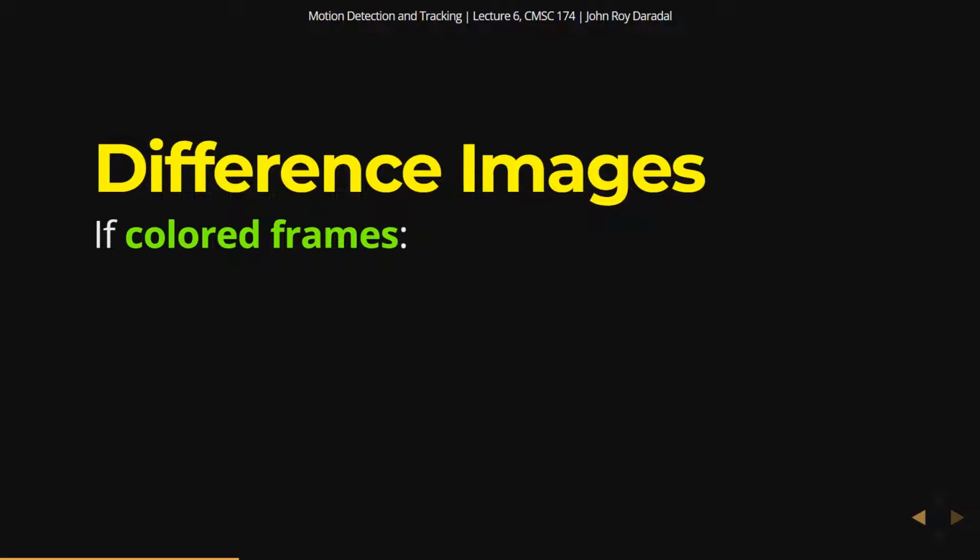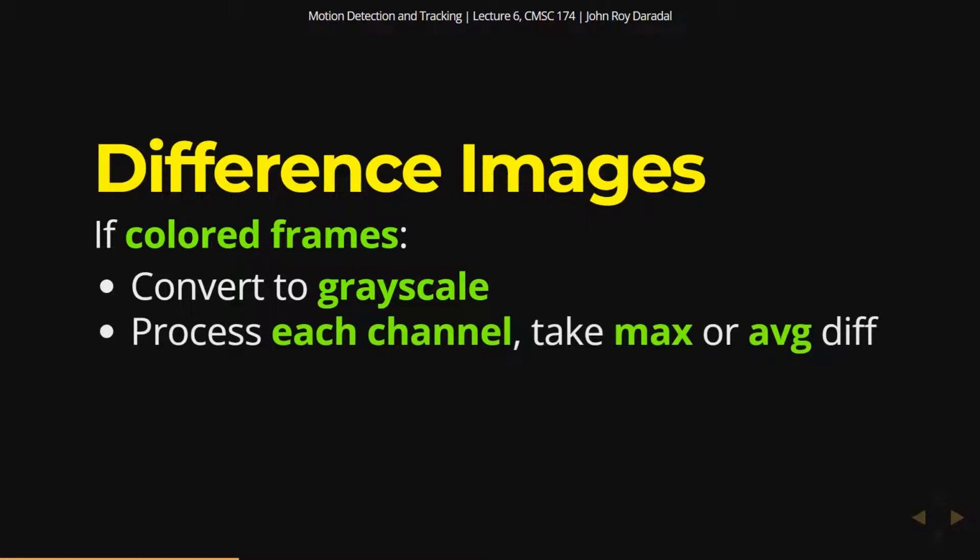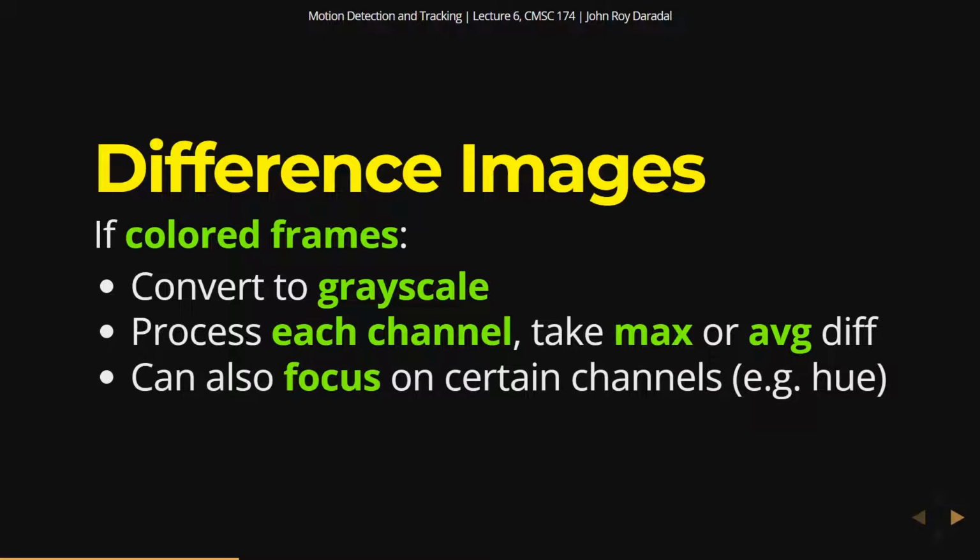Now, before we can get the difference of the images, we have to consider that usually these frames or images are colored, right? So they have 3 channels. If the frames are colored, what we usually do is either convert the frames to grayscale. So the frame itself and the background frame will be converted to grayscale before we take their difference. Or we could process each channel: we take the difference in each channel and take the maximum or average difference. We can also do that. Or you can also just focus on certain channels, like let's say you just look at the hue channel in the HSV color space.